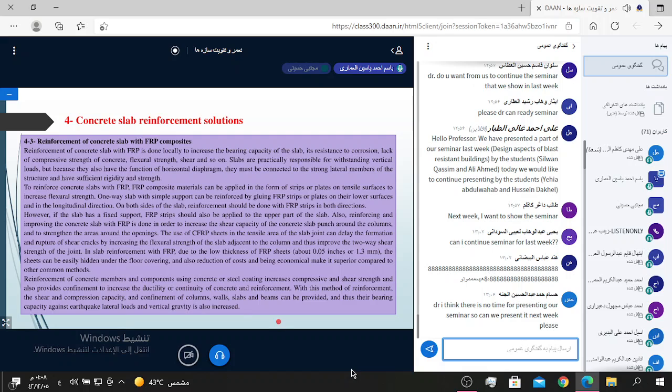The first concrete member and composite using concrete or steel coating increase compressive strength and also provide quick load increase.